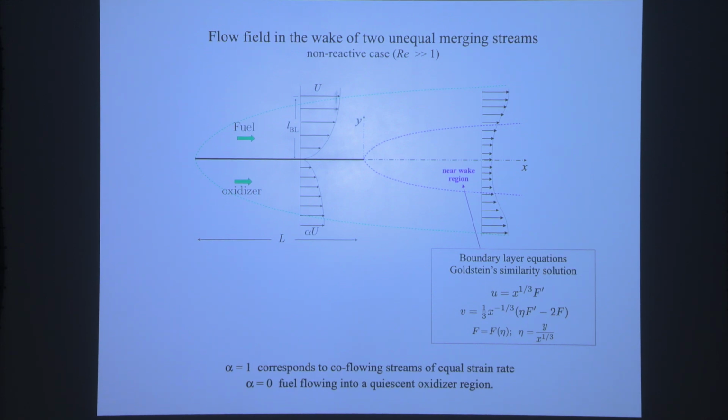The difficulty with this Goldstein solution is that it has a singularity at the tip of the plate. You see the transverse velocity v in this direction goes like x to the -1/3, so it goes to infinity. The failure is due to the fact that this equation assumes a boundary layer approximation.